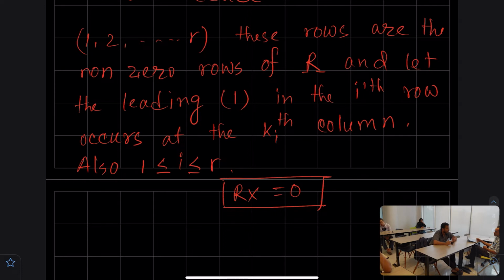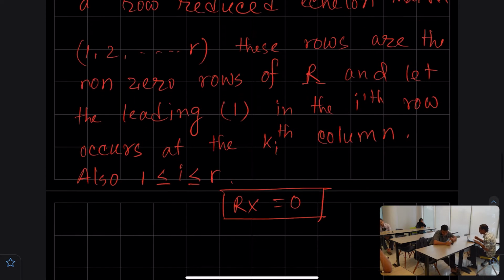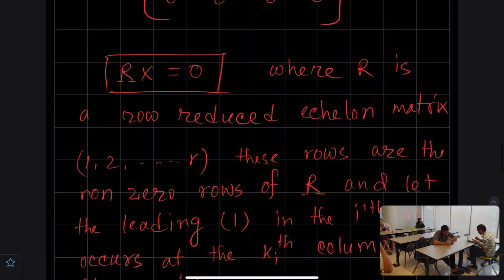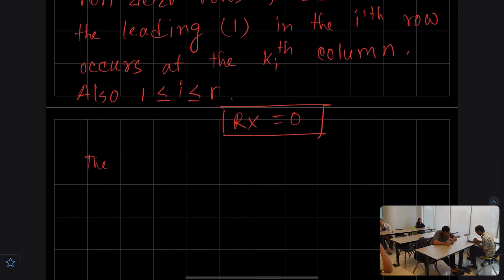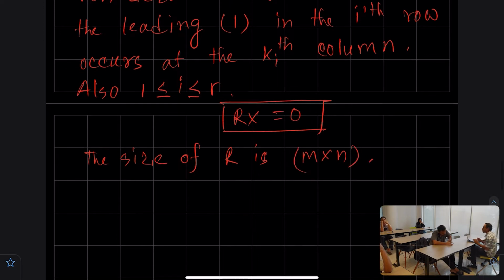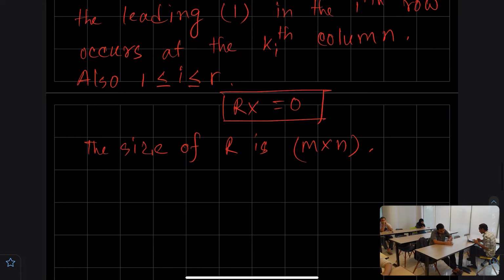The size of R is m cross n. So how many non-trivial equations in this system? r equations, right? Okay.